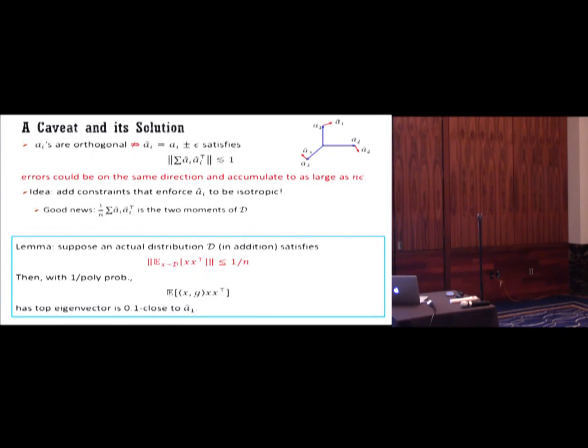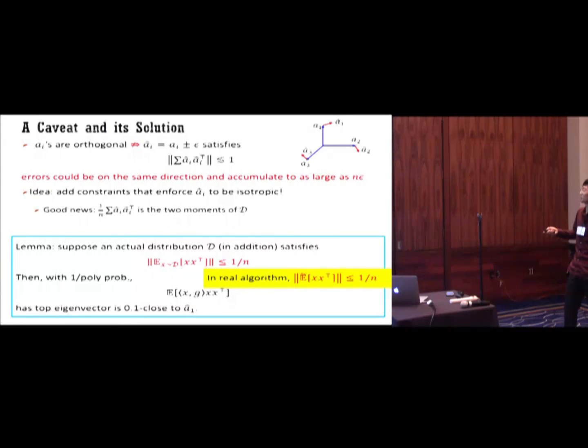Just to briefly mention what you do when you are not in a thought experiment, in the real algorithm, you augment the sum of squares relaxation by this additional constraint on the second moment, basically the degree 2 pseudo moment.